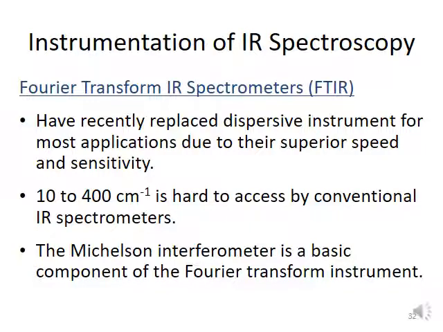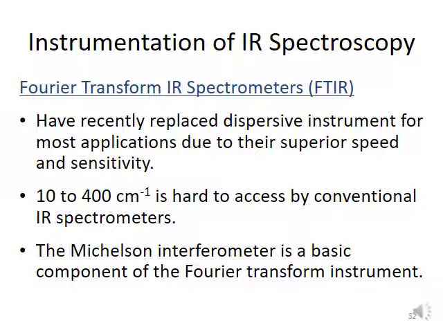Now we proceed with Fourier transform infrared spectrometers. FTIR has improved a lot compared to dispersive infrared spectroscopy. FTIR increased the speed and also the sensitivity.